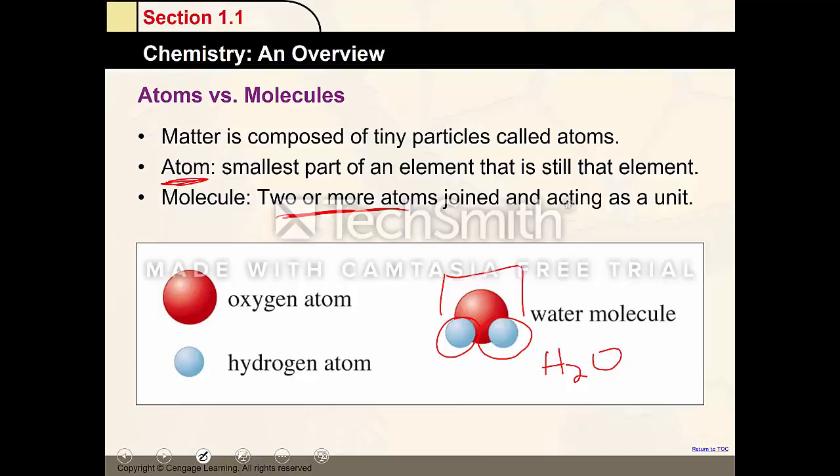Atoms or molecules, or anything that takes up space and has mass, is called matter. So atoms make up everything around us. And the little subscript 2 in H2O corresponds to the fact that there are two hydrogen atoms in water.